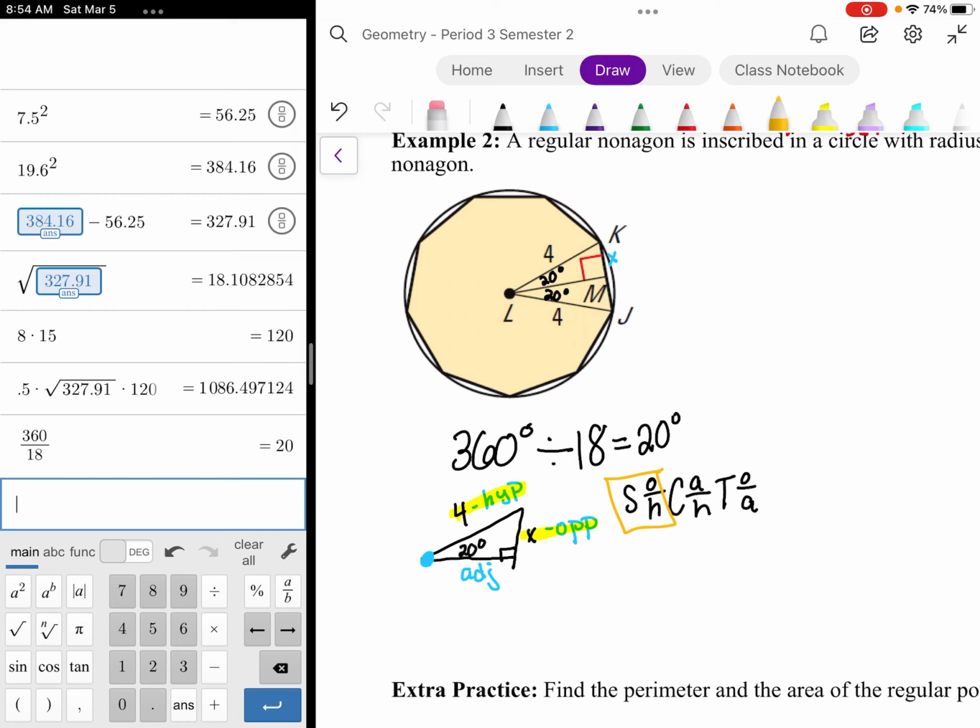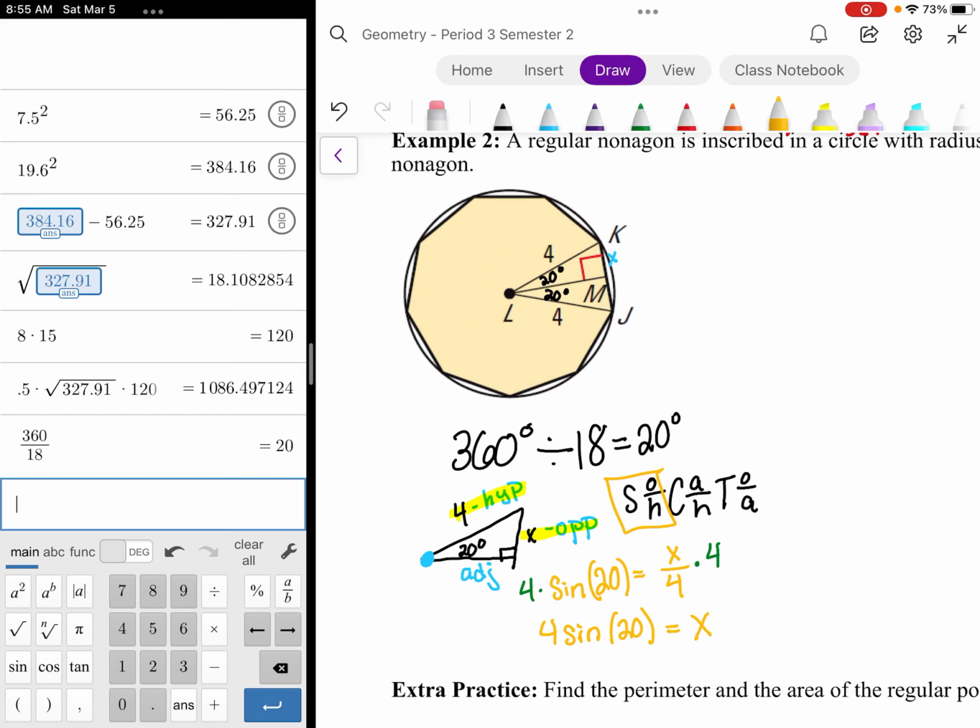So when we set up our equation, we're going to have sine of 20 degrees equals x over 4. And our goal is to get x by itself. So we're going to multiply both sides by 4. And we would end up with 4 sine of 20 is equal to x.